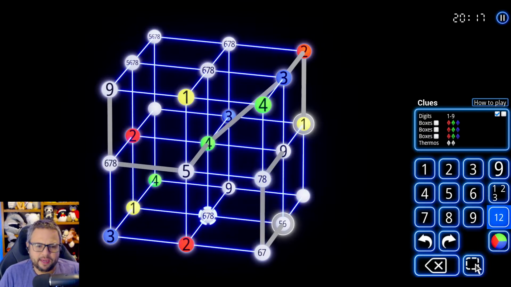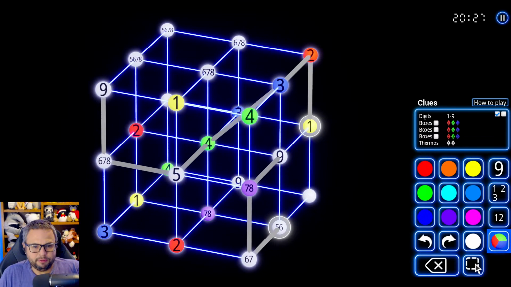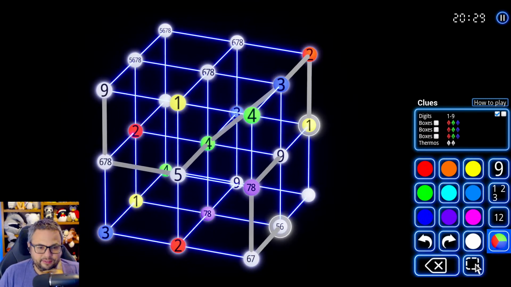And it can only go there. So this isn't a 6, is Navario's point. These two have to be the same. So we can give them a purple hue. And then we can place purple on the last face. And purple on the last face will be up there. So this is not a 5 or 6.